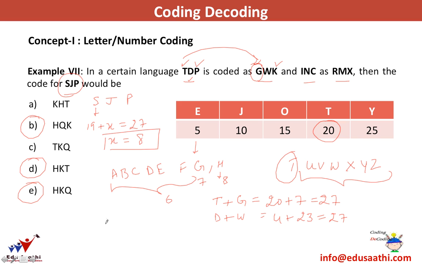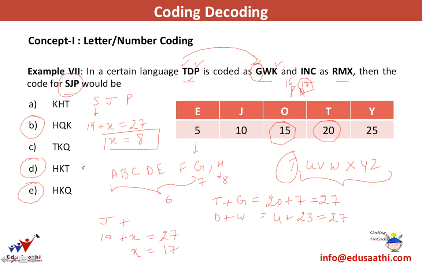Let's look at J. From EJOTI principle, J is simply clearly 10 plus here X is equal to 27. This gives X as 17. I know that O is 15 by the EJOTI principle. So P is 16 and Q is 17.